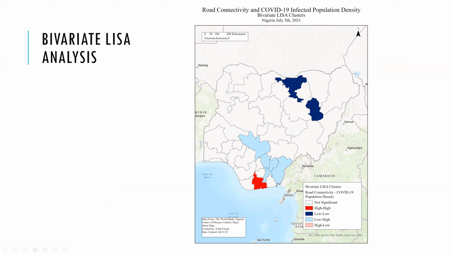The high was of high road connectivity and high COVID population density, which was the total number of infections, or the population of each state minus the total COVID populations, and then I divided that by the density of the area.